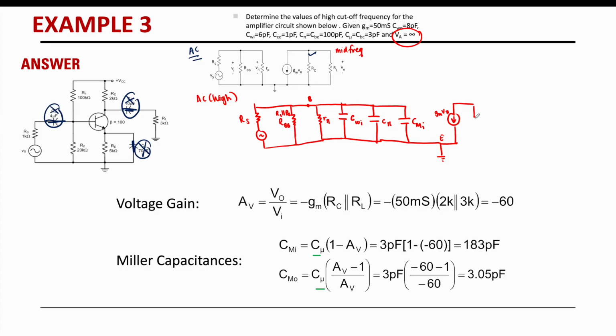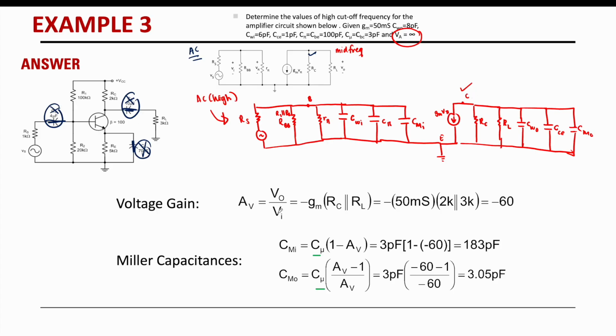Then we have RC, and RL, and CWO, the output wiring capacitance, and then CBC, CCE, and then CMO. So this is how your AC equivalent circuit looks at the higher frequency. When they ask, you need to draw this one.